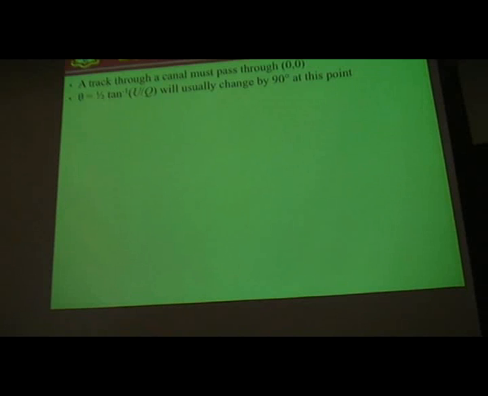So the first point to note, and this is sort of an obvious statement, is that if you have a winding track in the QU plane tracing the polarized structure as a function of position on the sky, then when that track passes onto a canal, since the canal has zero emission in it, that has to be a point where the track passes through the origin of the QU plane.